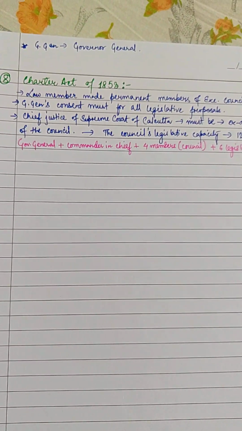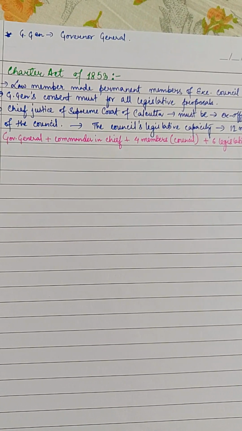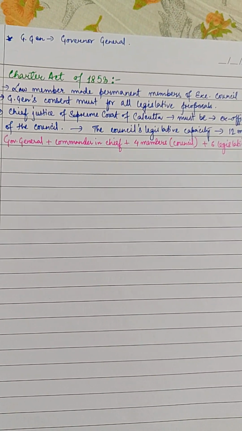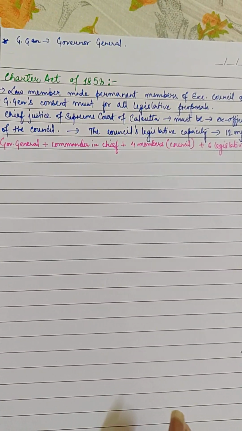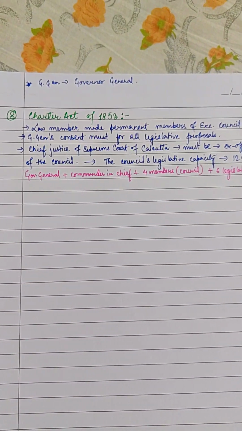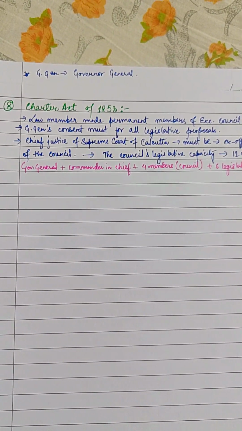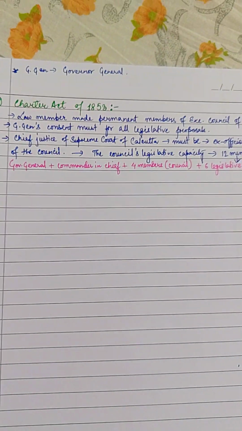Another rule implemented through this act was that the Chief Justice of the Supreme Court in Calcutta has to be the ex officio member of this Executive Council. If he wasn't a member of the Executive Council, he had no right to be the Chief Justice of the Supreme Court. This was a hard and fast rule. So this is important. You must remember this.